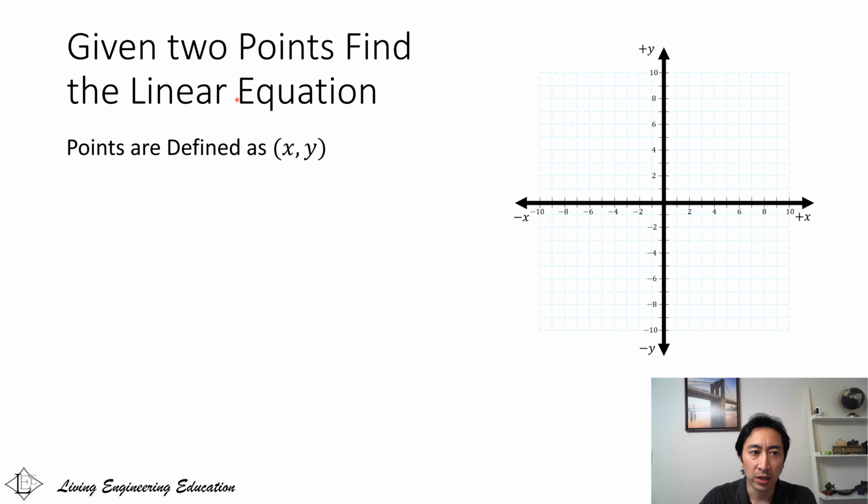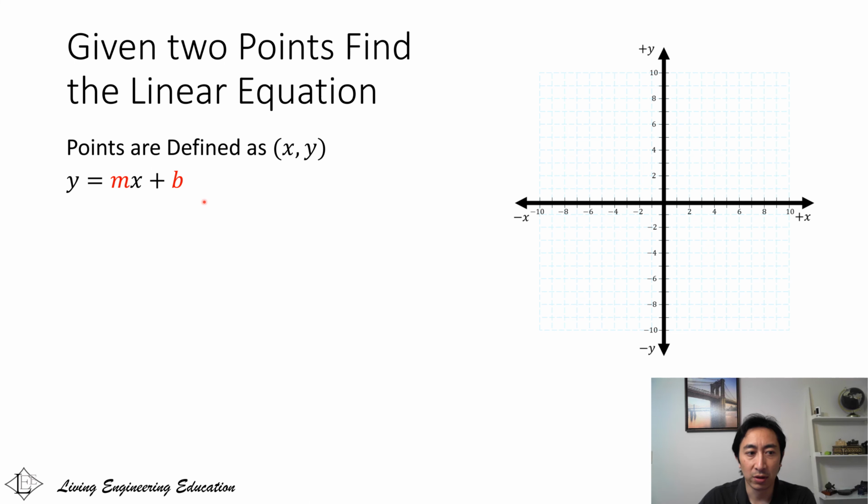Before we get into solving linear equations, it's important to remember that the points are defined as x comma y, meaning that the first value that you're given in the point is your x location, the horizontal location, and the second value is the y location, the vertical location. Then you can define where on this graph your point is.